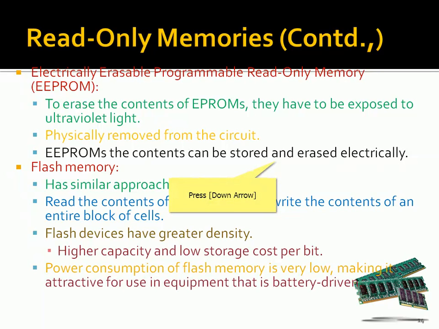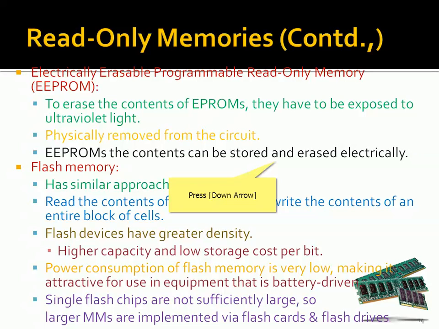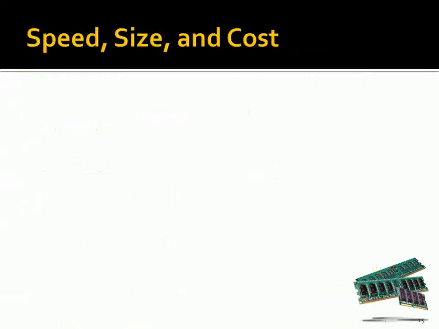The power consumption of flash memory is very low, making it attractive for equipment that is battery driven. So it is low cost, and we can keep a huge amount of memory. Single flash chips are not sufficiently large, so large main memory modules are implemented via flash cards and flash drives.